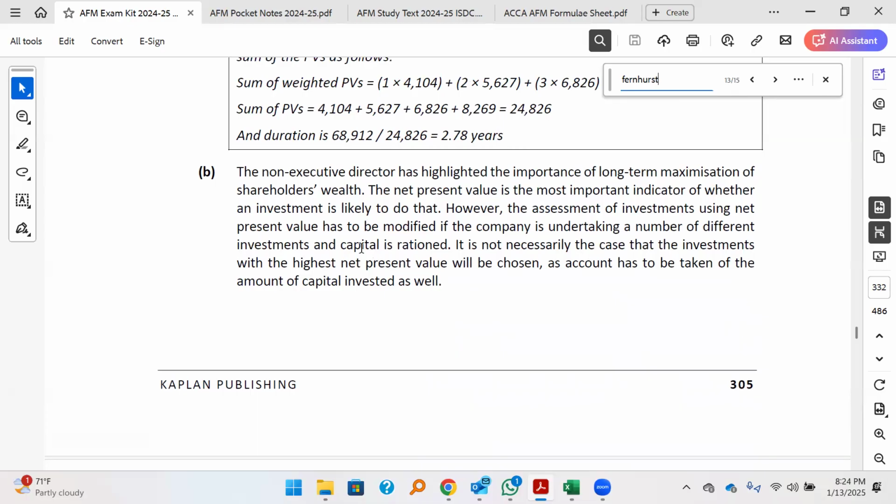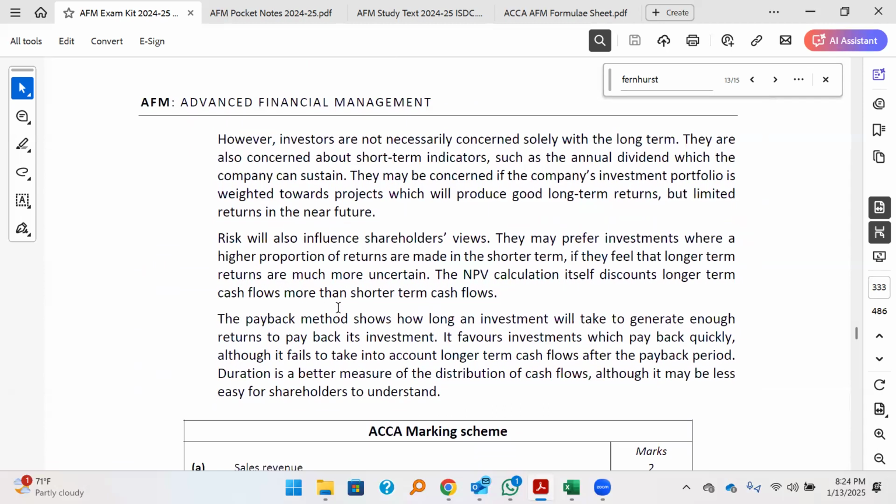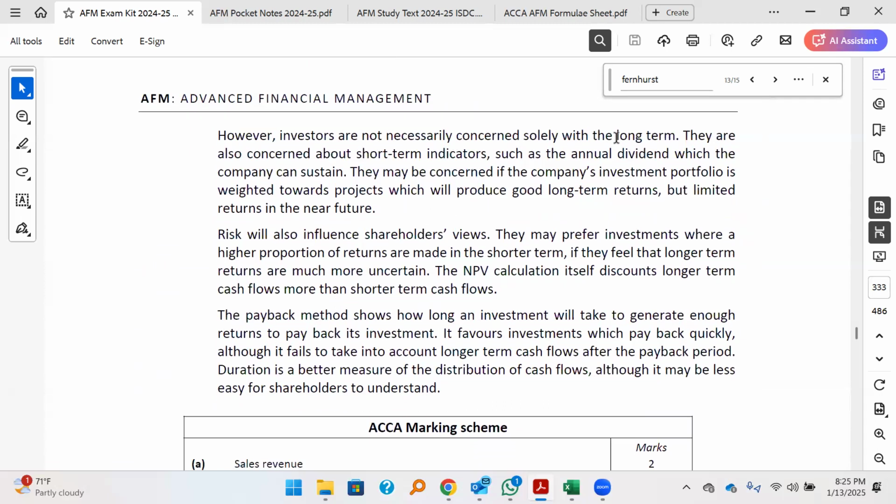However, it has to be modified if the company wants to take different investments and capital is rationed. So it's not just about the highest NPV, but also they have to look at how much they're investing and also the duration. Okay, so that's a good point to make. And here they say it's not just about the long term.